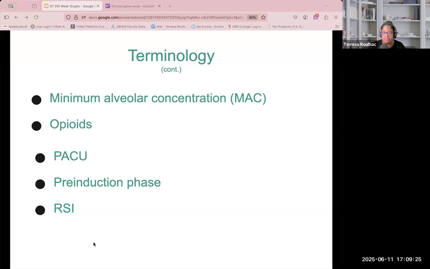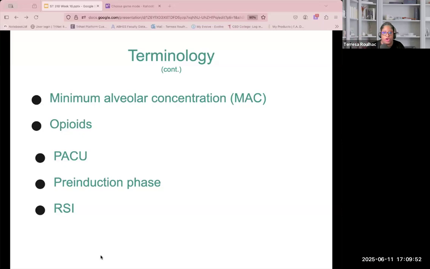So they're coming in, the pre-induction phase has started, and it ends once they're hooked up and you can start hearing them count back from 100. With rapid sequence induction, that's what RSI is, let's say your patient has gastric reflux. This is for patients that are at a higher risk of aspiration.